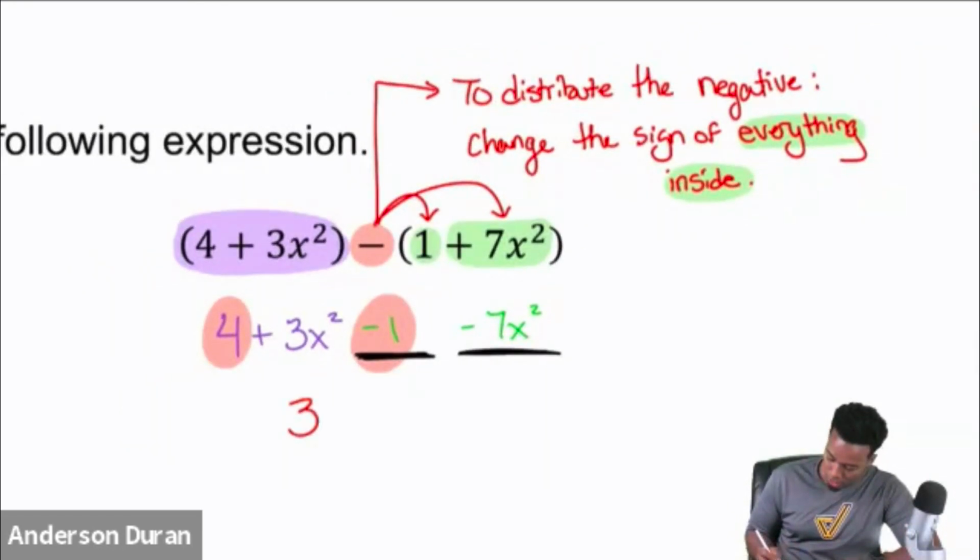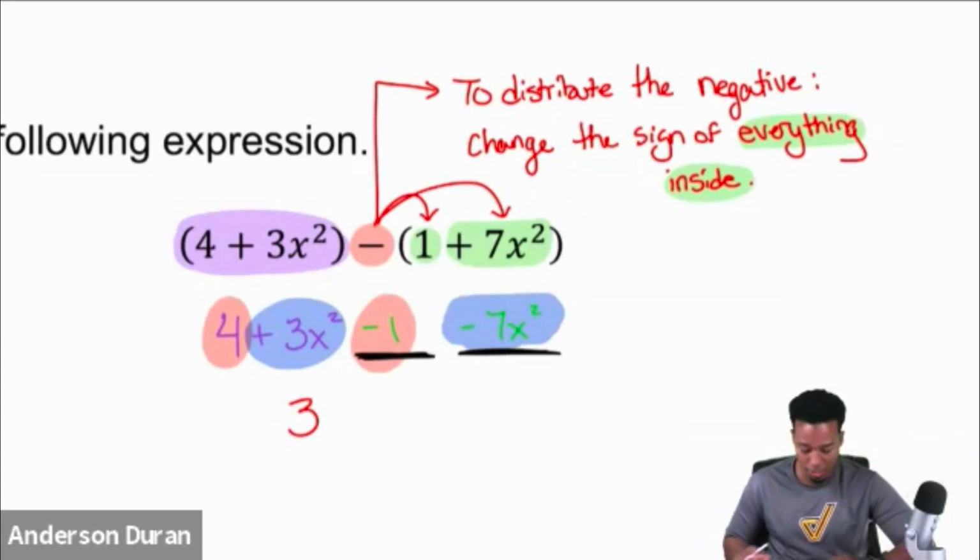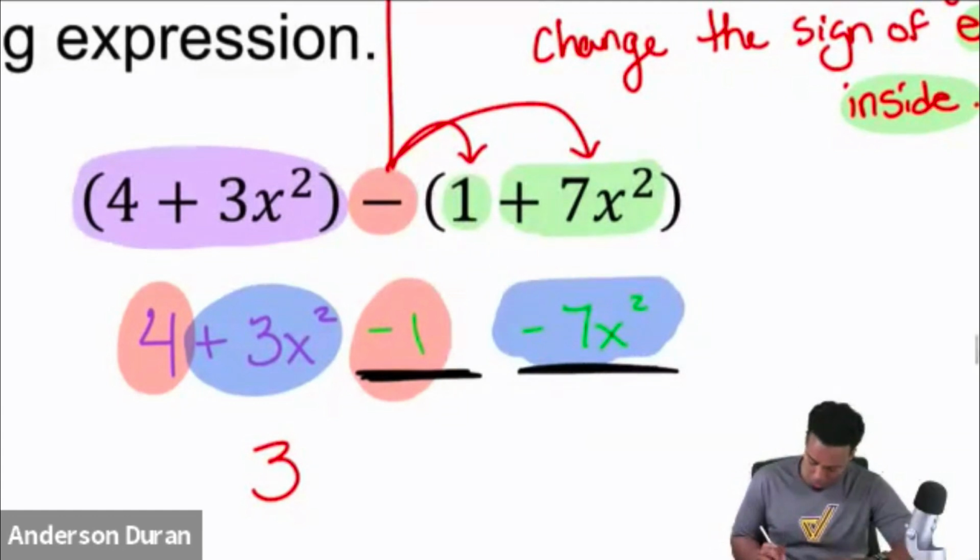Then let's take a look at what we have left. We're going to have plus 3x squared and minus 7x squared. I'll use blue. So a plus 3x squared and a minus 7x squared. I'll zoom in a little bit, make it a little more obvious there.